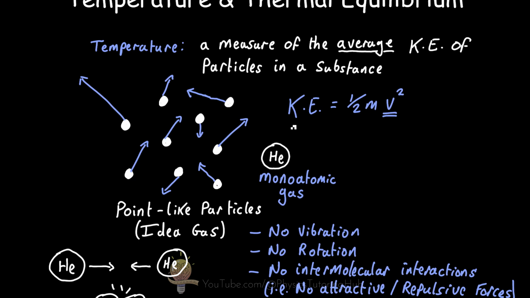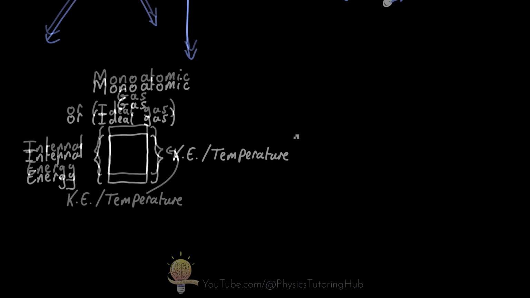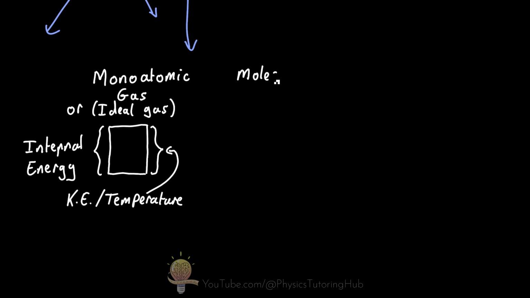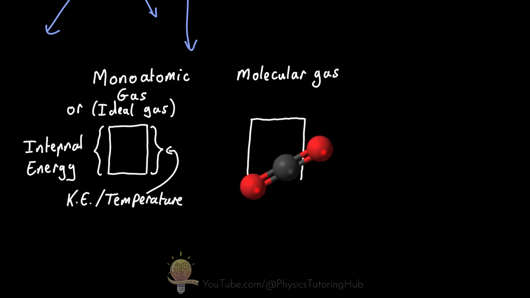Solids and liquids do have this potential energy. So for more complex substances, such as liquids and solids and molecular gases, which consist of molecules of more than one atom. So for example, carbon dioxide contains a carbon atom linked to two oxygen atoms.